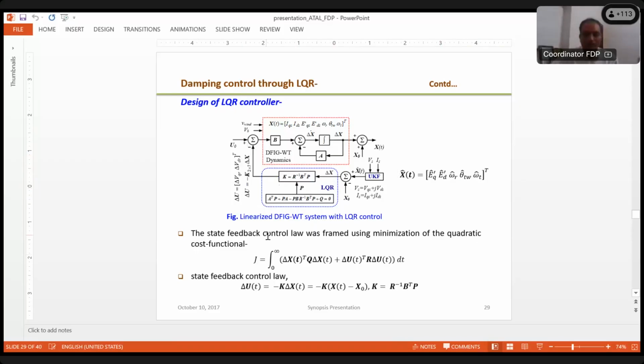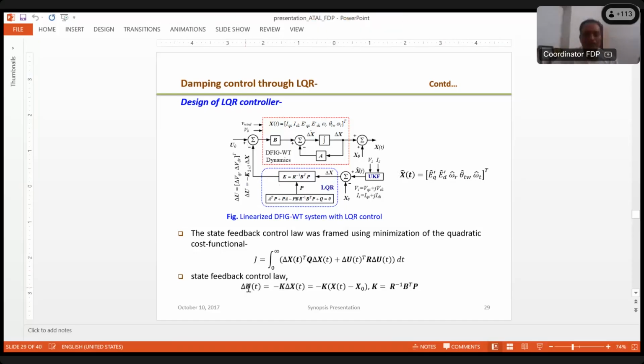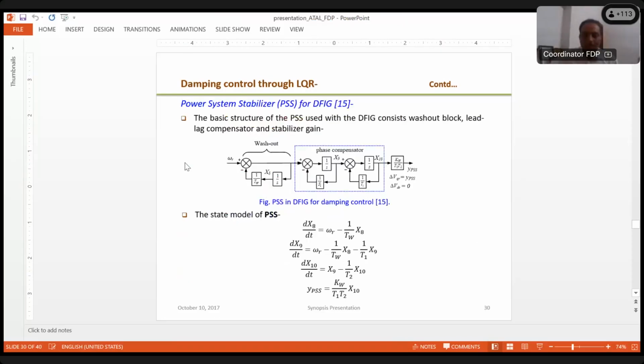This way we have designed the control delta u equals minus k delta x, where delta u is the rotor voltage, which is fed to the rotor of the generator for damping control. It has also been compared with the PSS, the conventional power system stabilizer.